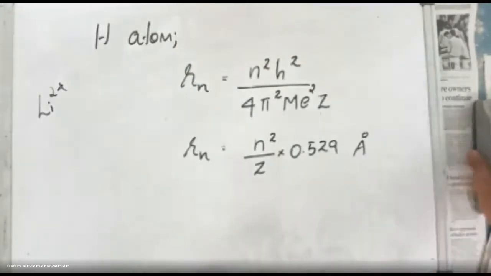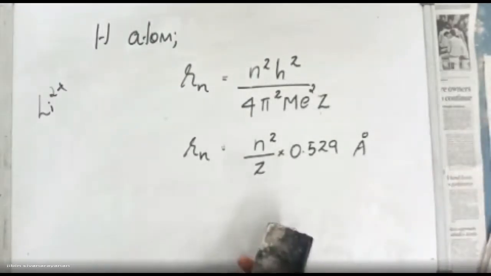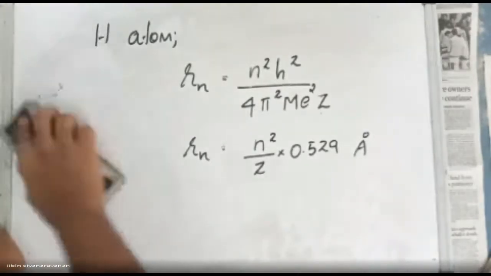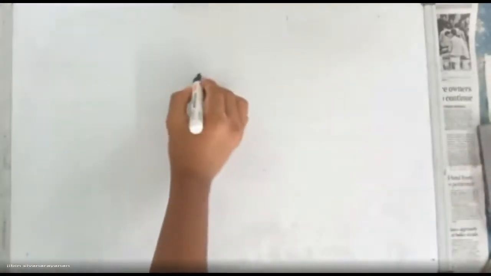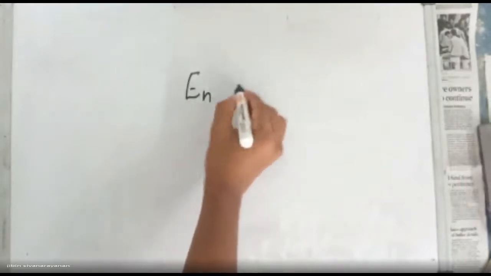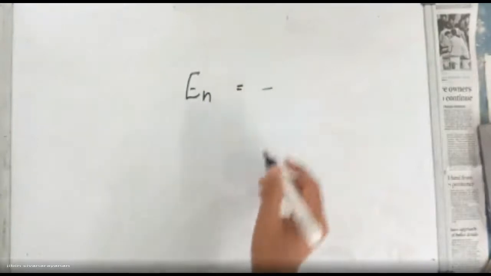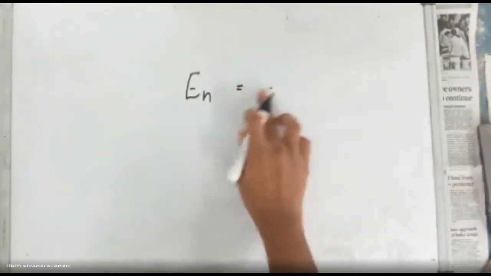Okay, so next is about the radius, and we have to calculate the energy also. The energy of the nth orbital is negative in sign because it is a stabilizing energy.